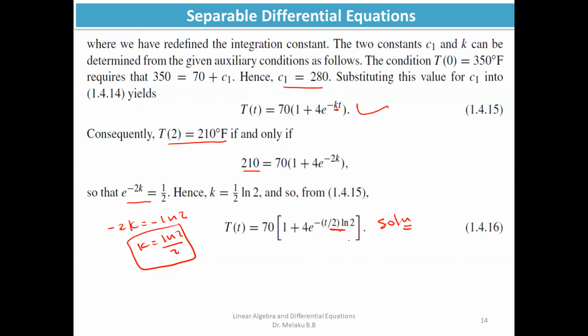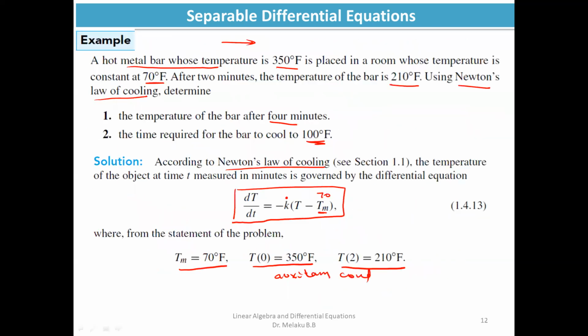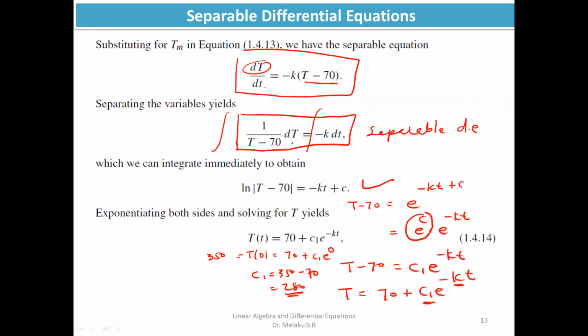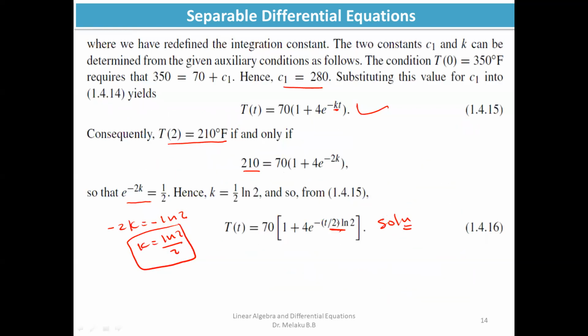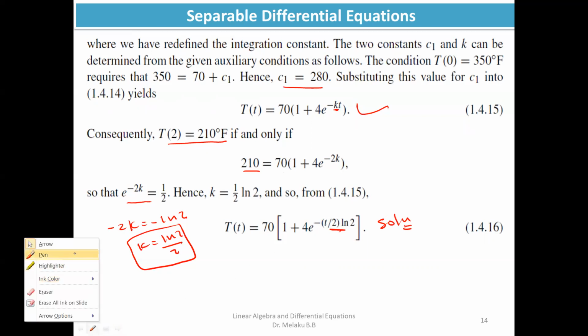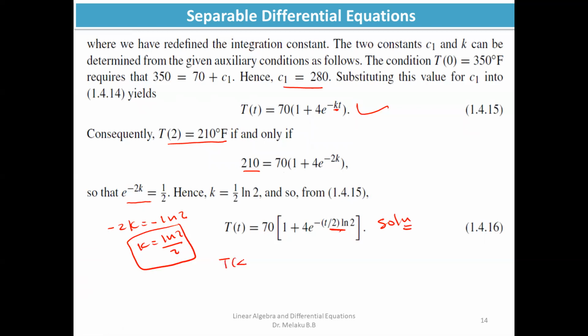Once you obtain the solution, let's go to the question. The question says, what is the temperature of the bar after 4 minutes? It will be simply substituting 4 minutes here. That is T at 4, which means 70 times 1 plus 4e raised to minus 4 over 2 ln 2.